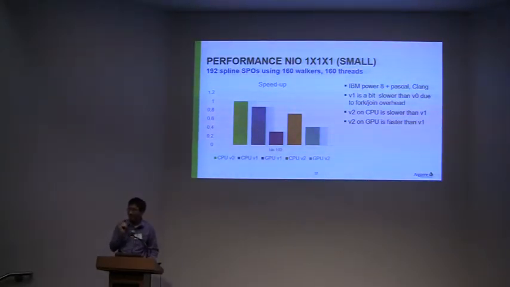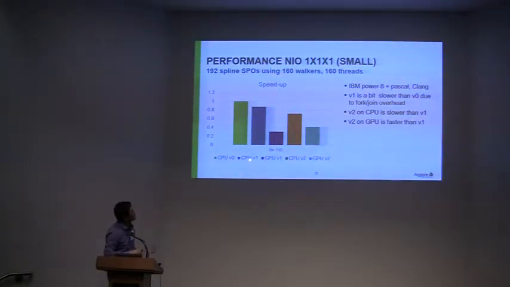However, this requires more fork-join synchronization on the CPU side. So I was checking how much performance we lose. For this small size calculation, on the CPU side we lose a bit of performance.